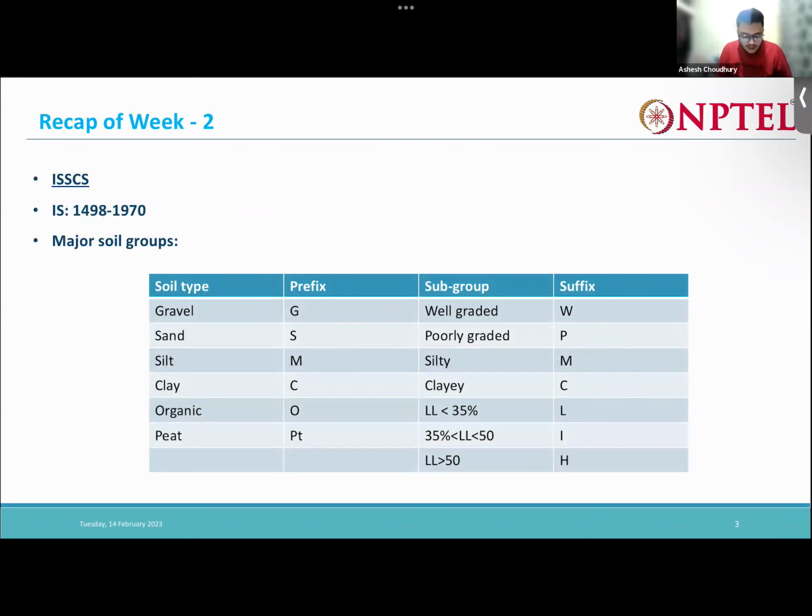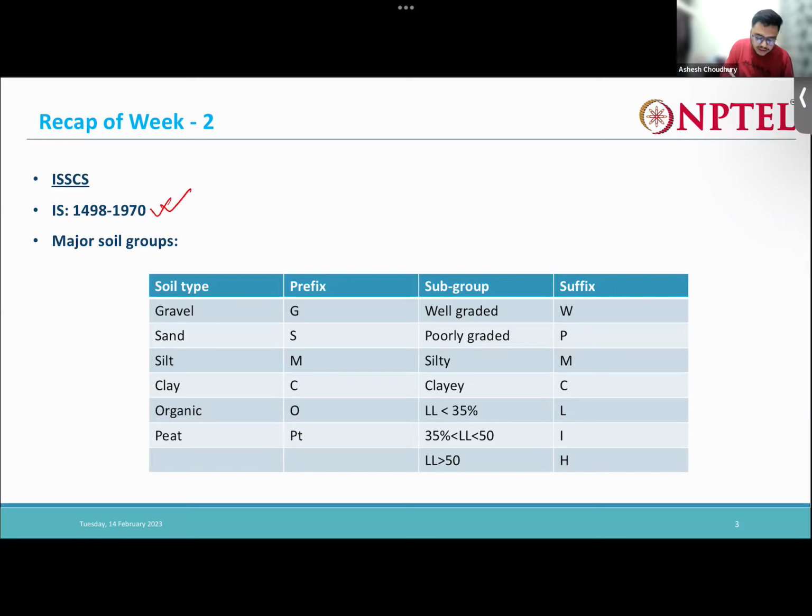As we all know, the IS code is the Indian Standard which defines the soil classification system. It gives us all the rules on how to name the different types of soil and how to classify them, and it is given by IS 1498 1970. So this IS code gives us our classification system.